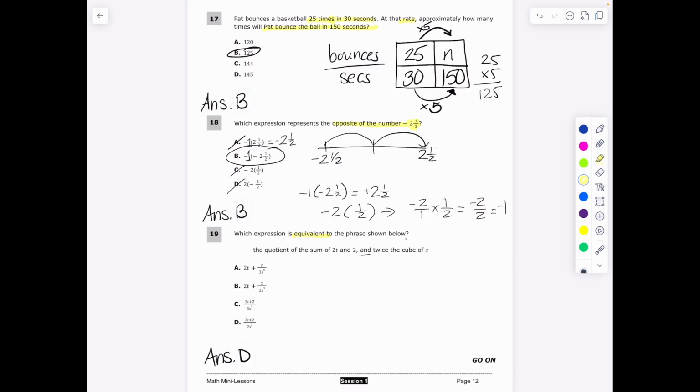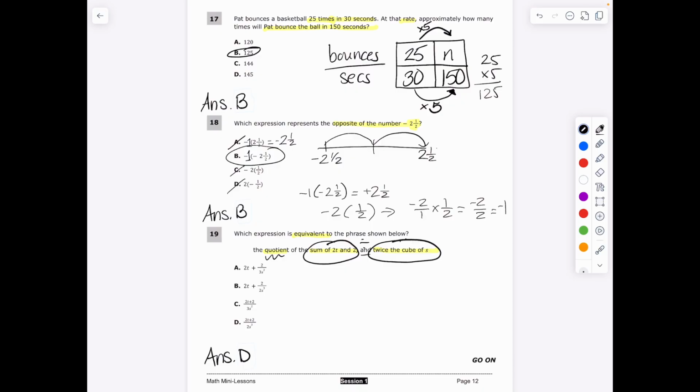The quotient of the sum of 2t and 2 and twice the cube of s. All right, so the first thing, this is a quotient, so I'm going to be dividing these things. So I'm taking this and dividing it by this.